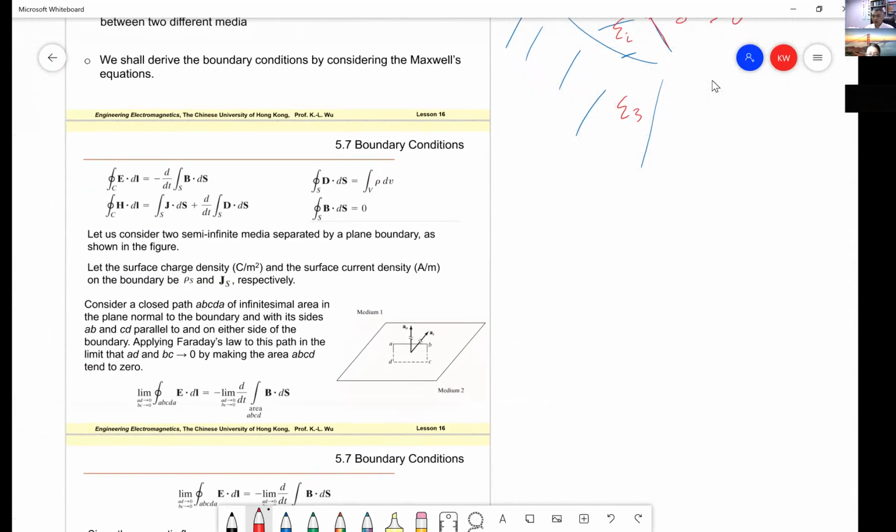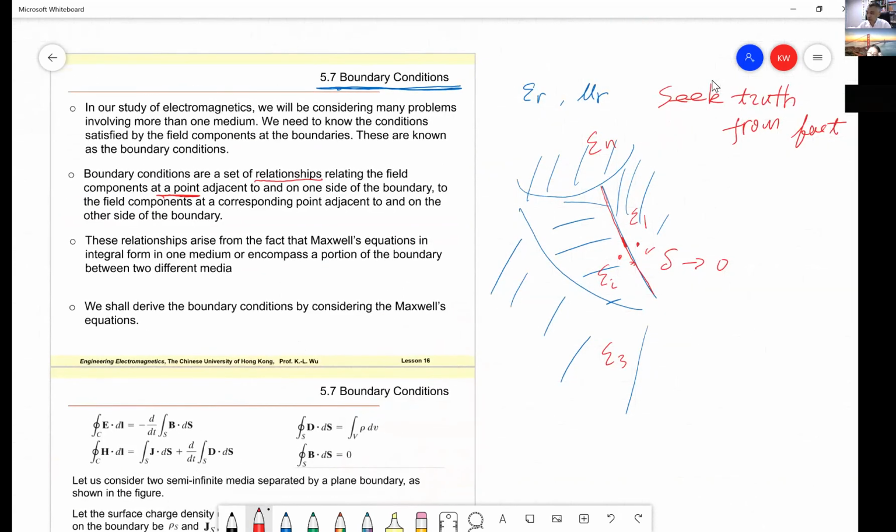Okay, now let's look at a plane. Then you are saying, hey, Professor, you just said we look at a point, and then also the boundary could be arbitrary, right? Why do you look at a plane?